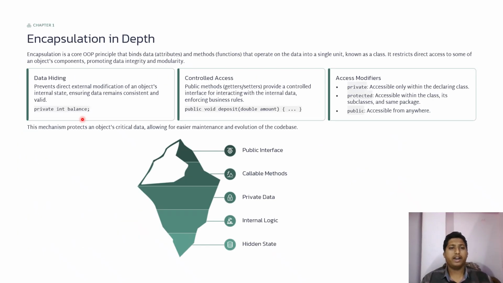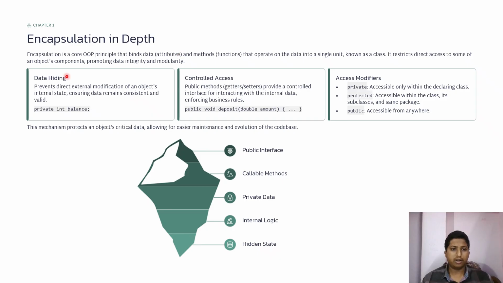Now let us talk about encapsulation. Encapsulation is combining the data and functions into a single unit, and it is known as a class. It is a core object-oriented programming concept that binds the data and the methods that operate on the data into a single unit.